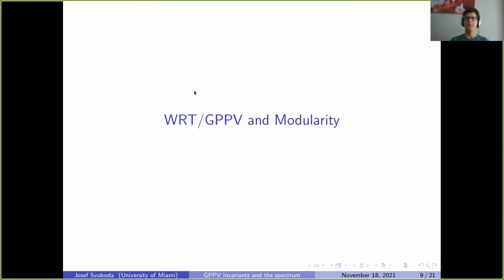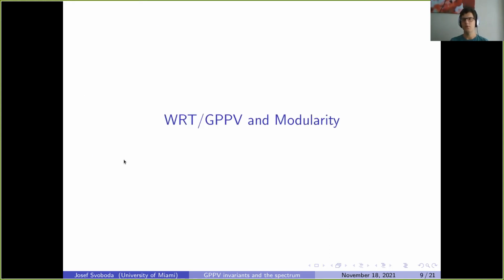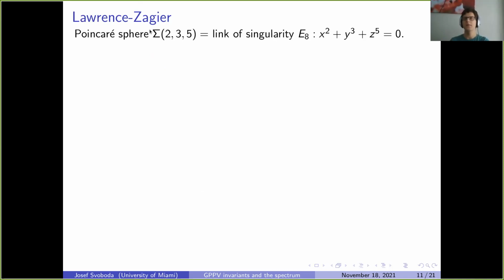So we have some basic invariants, but those are usually just some numbers or groups, something very, very discrete, and we want to find some analytic invariants, some nice functions. So that's why we want to explore the modularity properties of three-manifold invariants. This is an invention of Lawrence and Zagier, that you can actually get some modular forms, some special functions, out of three-manifolds.